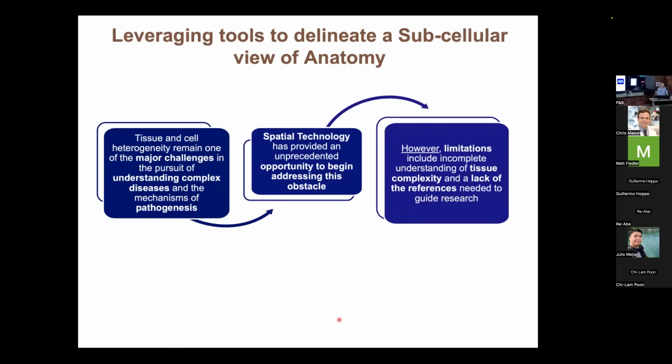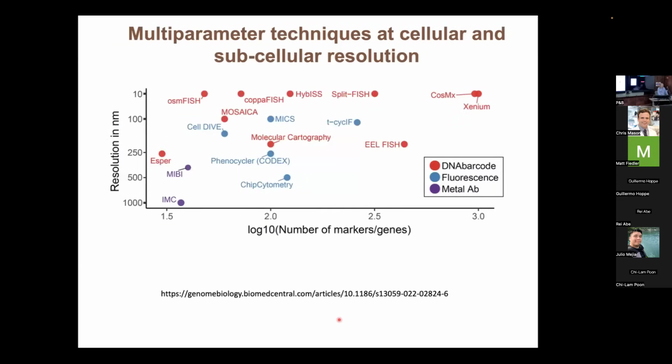Spatial proteomics and transcriptomics technologies really give a window now to look at this. And you obviously have to always keep in mind the advantages and limitations of each of the individual approaches or technologies as they might apply to the different tissues that you're looking at, because each tissue is going to have its own caveats.